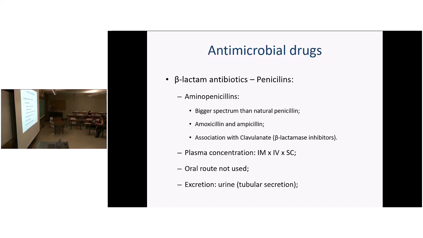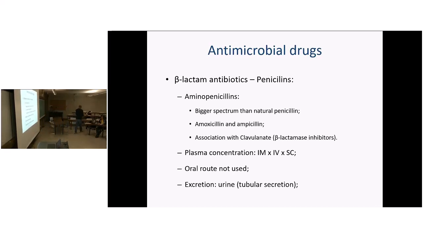And you have thousands of molecules and enzymes that can act as beta-lactamase. And the more molecules we create, the more resistance you will create. So you create several types.